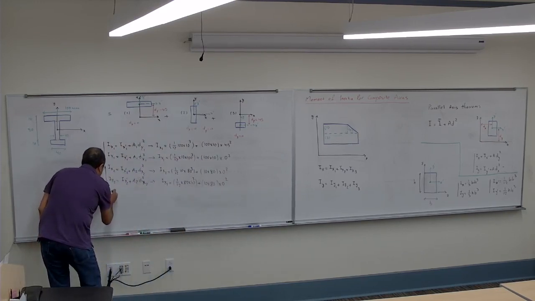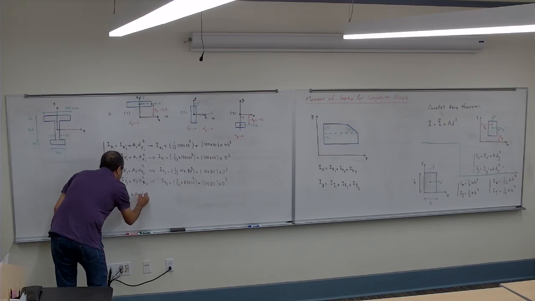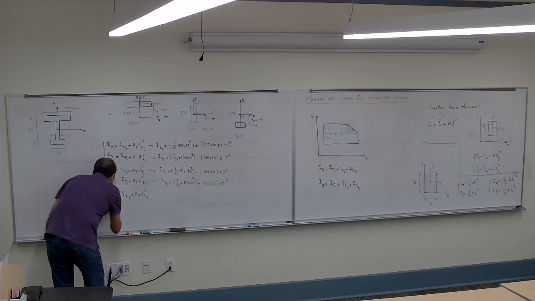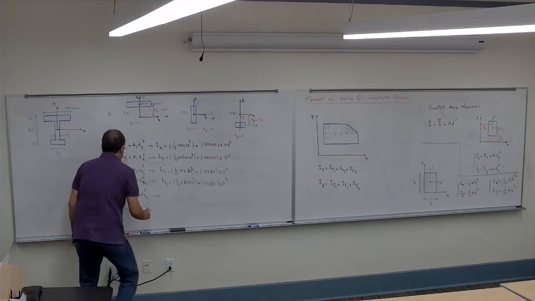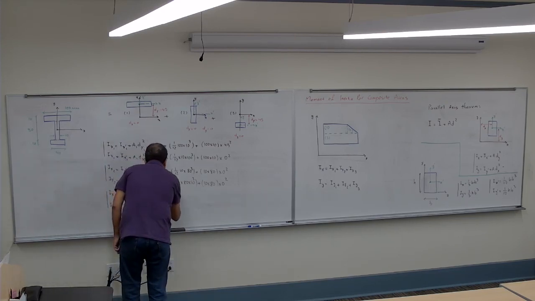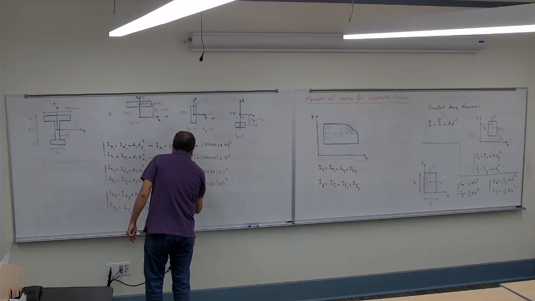And for the third one, plus A3 dy3 squared. I y3 is I y prime 3 plus A3 dx3 squared. So Ix about for the third one is 1/12 of the width of that, which is 40, times 10 cubed plus 40 times 10.